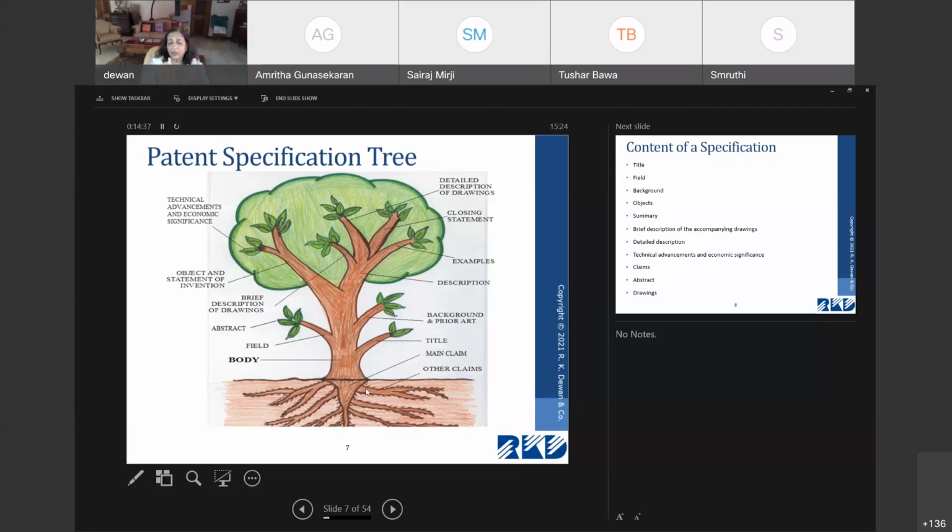So the main claim is like the root. It is the main claim and other claims. This is the main part of your specification, which is really going to differentiate and also create the boundary of what your claim will be, what the scope of protection will be for a patent specification.